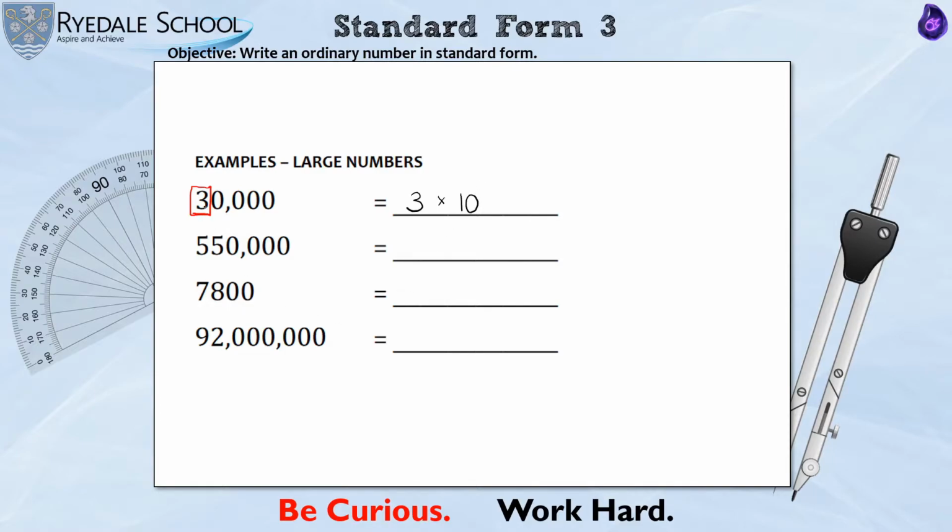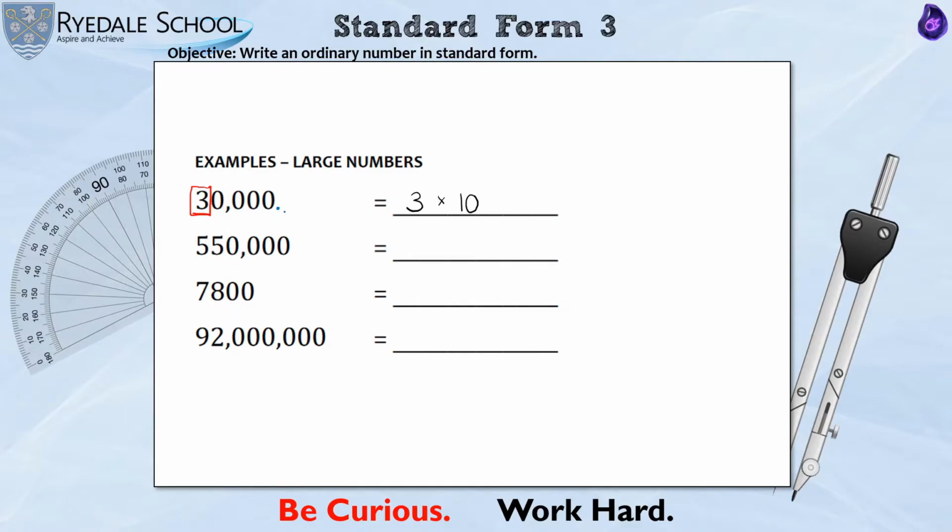Okay? Well, there's a couple of different ways to do this. You can do it in terms of thinking about place value and movement. But I actually like to use a little trick using the decimal point. Now, you might be saying, decimal point? There is no decimal point in the number 30,000. Well, there is a decimal point, we just don't write it down. But the decimal point would be there at the end of the number.